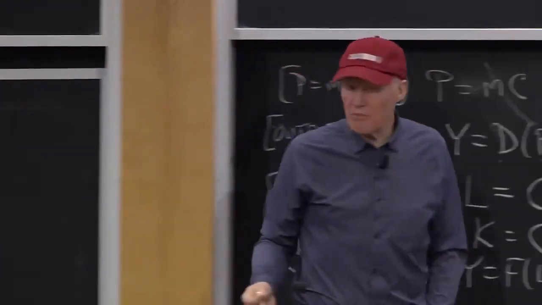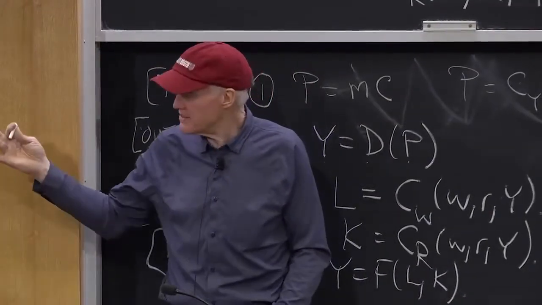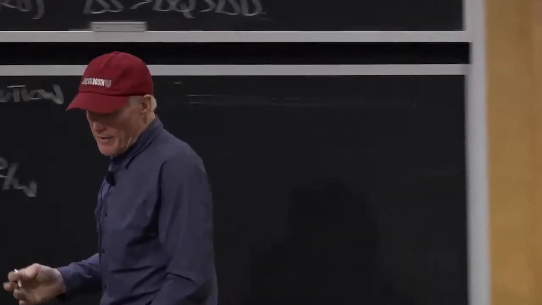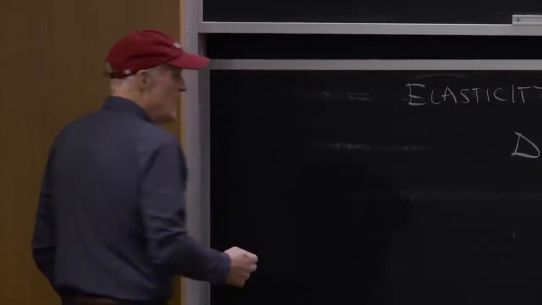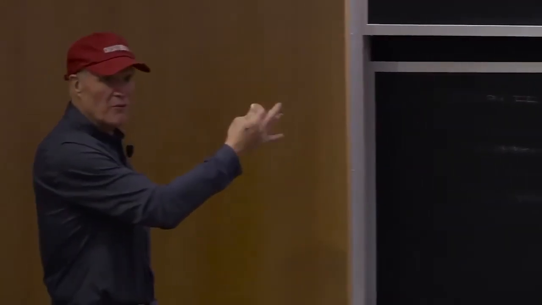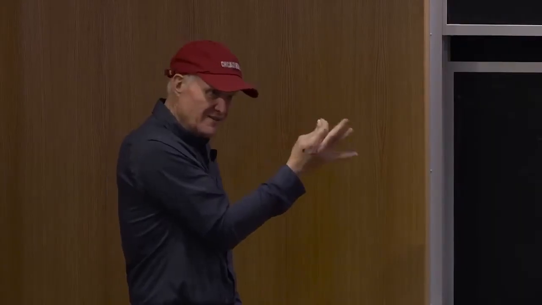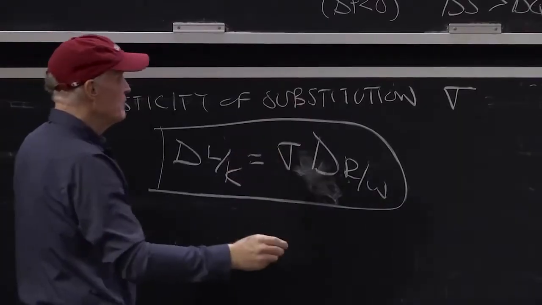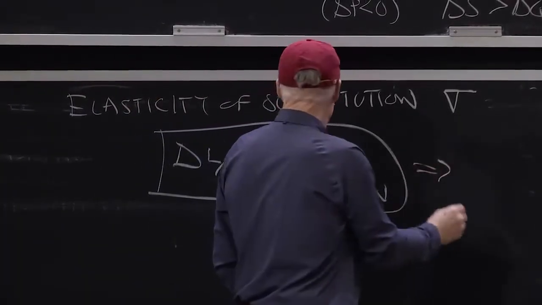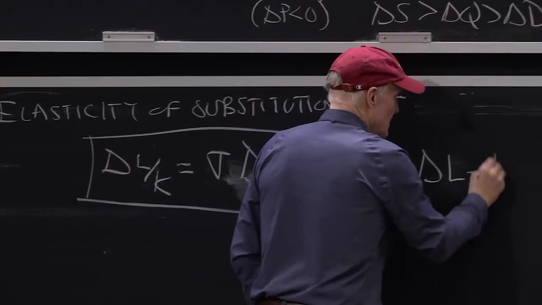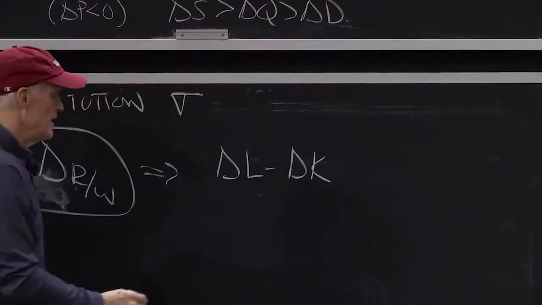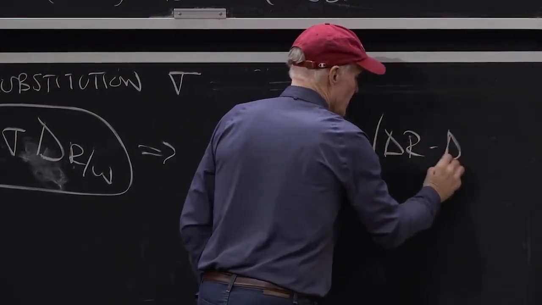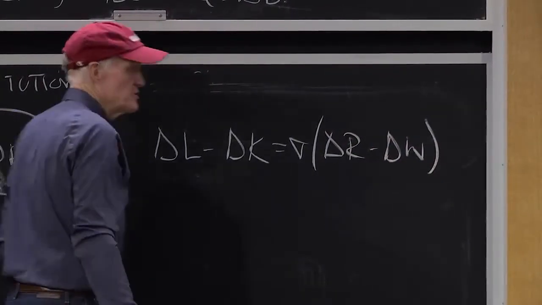For some well-known production functions, Cobb-Douglas corresponds to sigma equals 1. Right? Cobb-Douglas is sigma equals 1. Okay, that's the elasticity of substitution. And many things in economics are going to turn on whether that number is bigger or less than 1. One's a nice dividing line. Okay? So in terms of my notation, this implies delta L minus delta K, which is delta L over K, equals sigma times delta R minus delta W. That's going to be my equation 3.